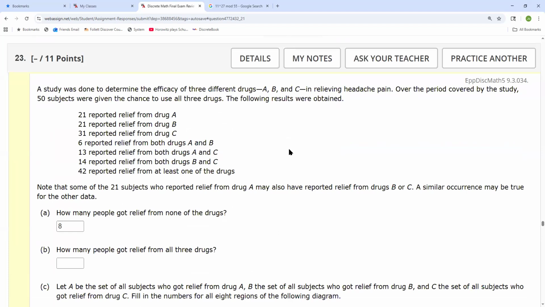And let's see here. How can we figure out the rest of it though? That's going to take a lot of logic. So what does it mean if 21 people reported relief from drug number A?